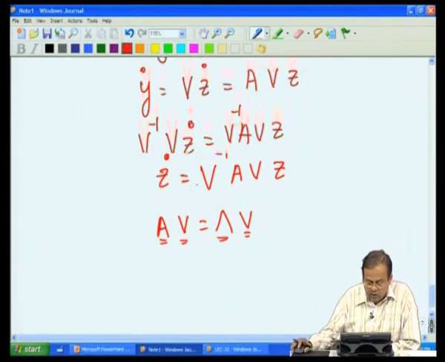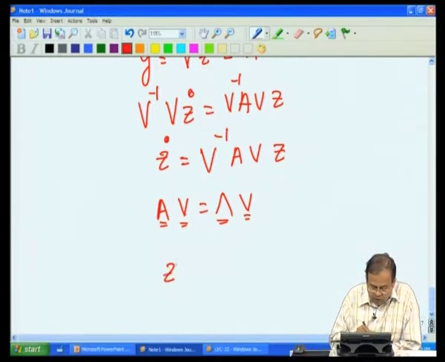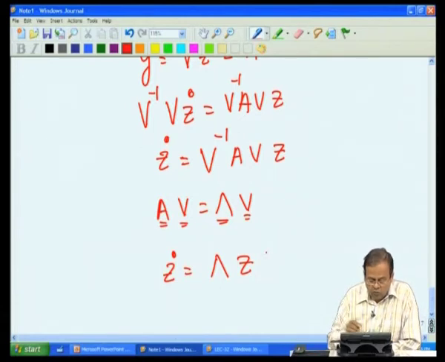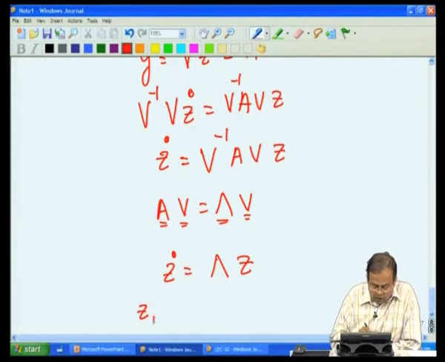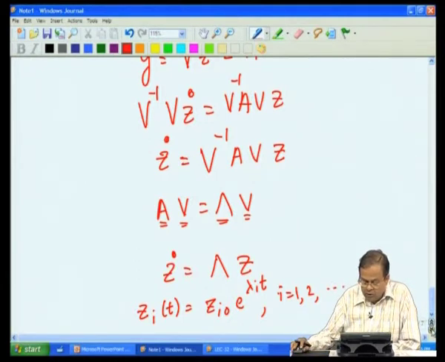So, this gives us V inverse A V is nothing but lambda, and Z dot equals lambda Z. Lambda is a diagonal matrix, so we can write the solution of this as Z i of t is some Z i 0 e raised to lambda i t, for i equal to 1, 2 up to n.